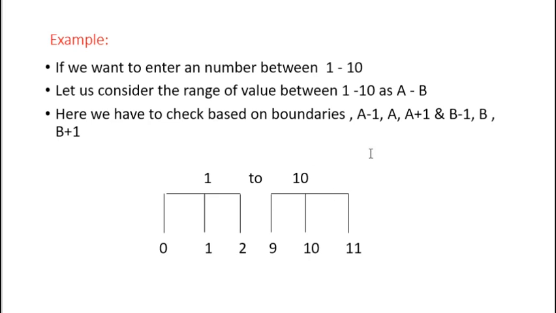Coming to 10, B minus 1 is 9, B is 10 and B plus 1 is 11. So we have to choose the values based on their boundaries and then perform the testing. Here 1 to 10 are the valid numbers, and 0 and 11 are the invalid numbers.